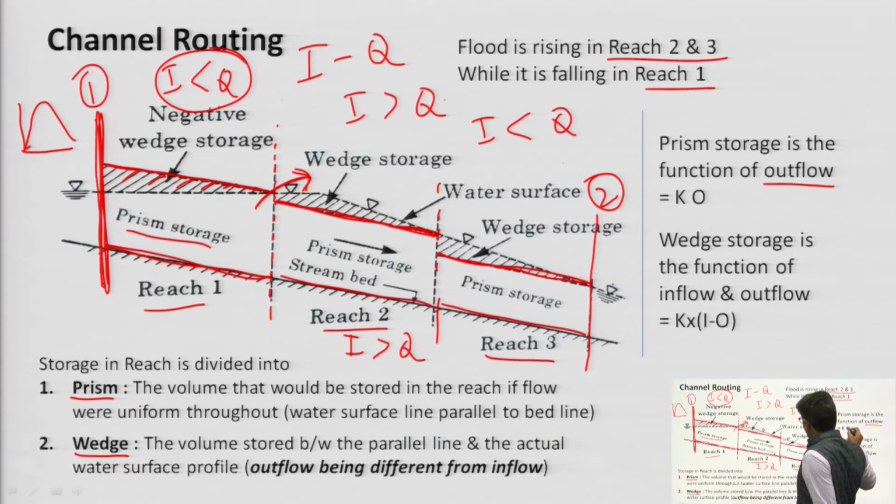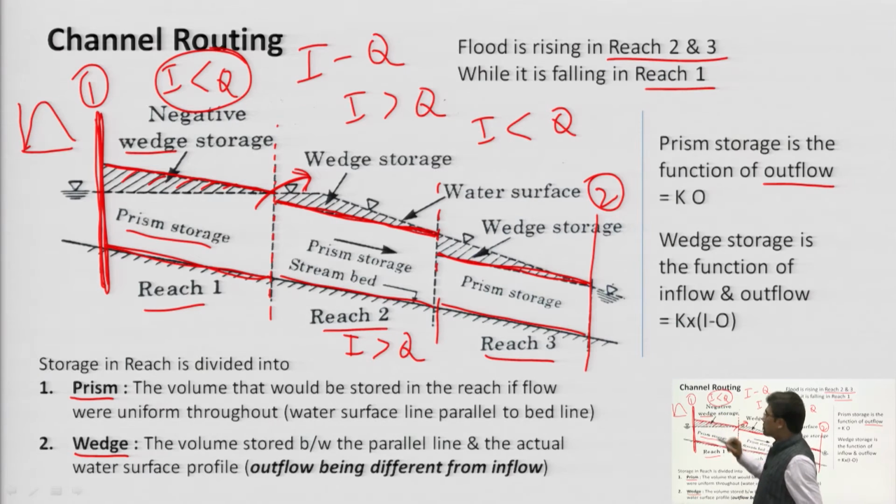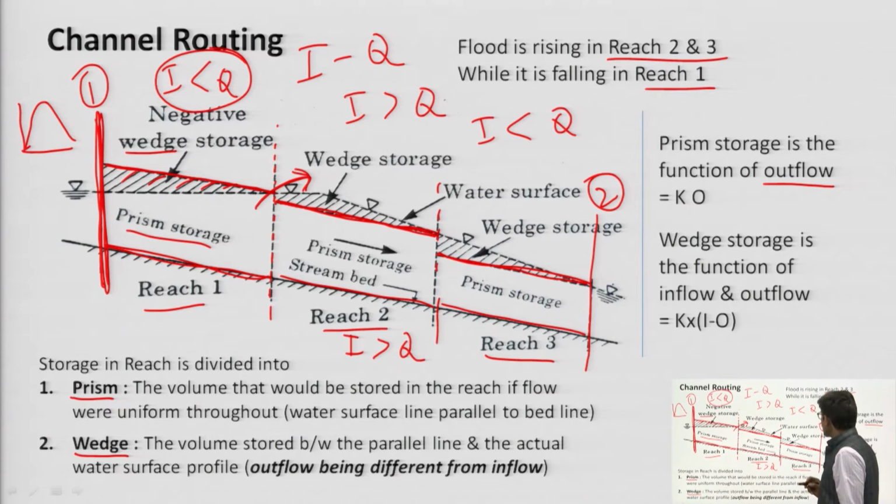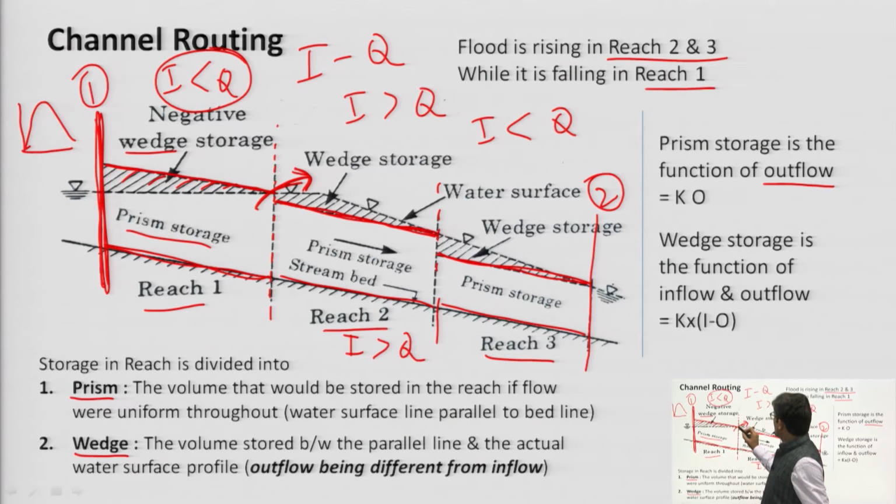You can write it as K into O, outflow. So this is the prism storage. And wedge storage is a function of input minus outflow.